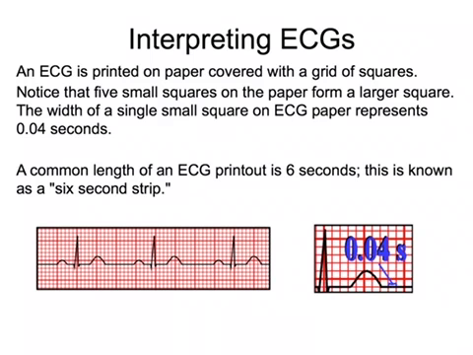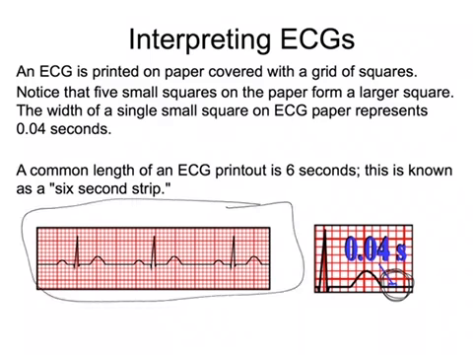A common length of an ECG printout is 6 seconds. This is known as a 6-second strip. You can see right here that the little box is 0.04 seconds. So a long strip right here would be just 6 seconds of your heart.